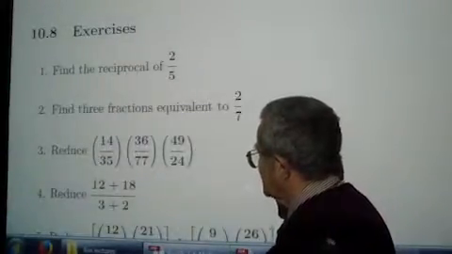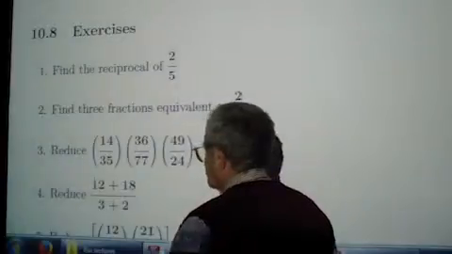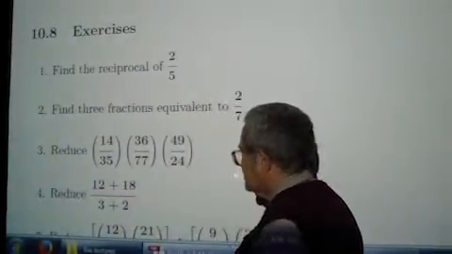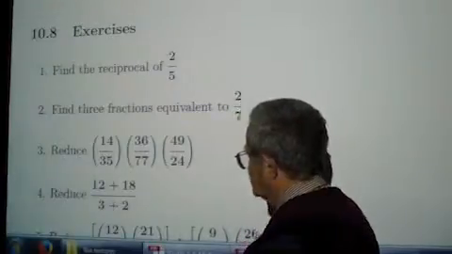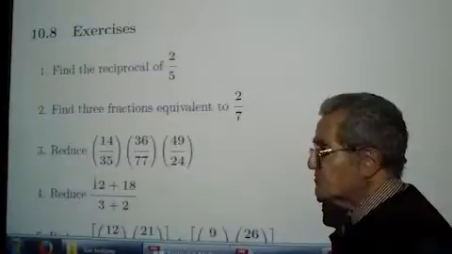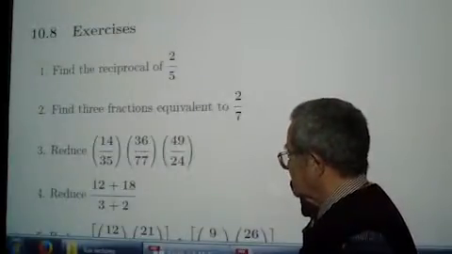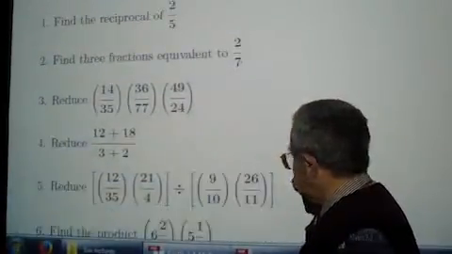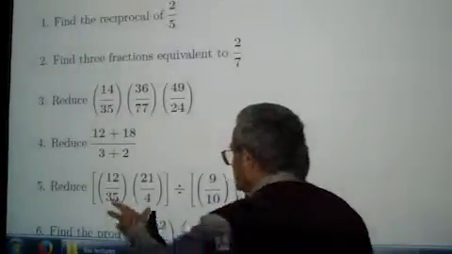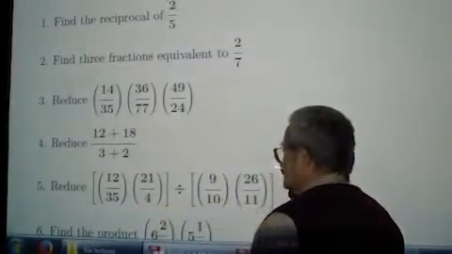Then exercise 4, reduce 12 plus 18 over 3 plus 2. Reduce the following: brackets divided by brackets.